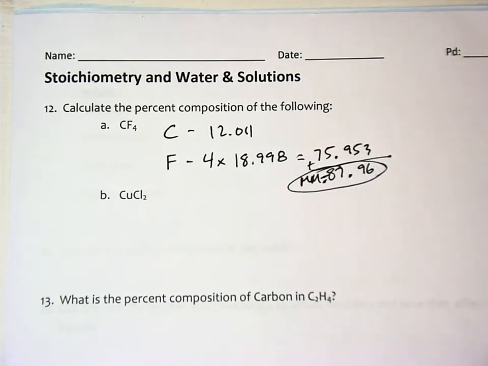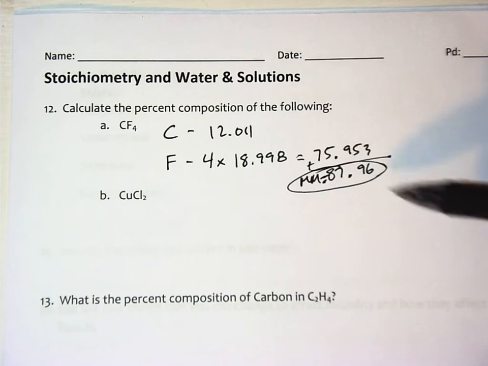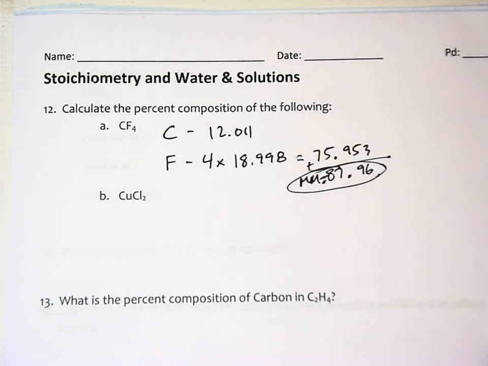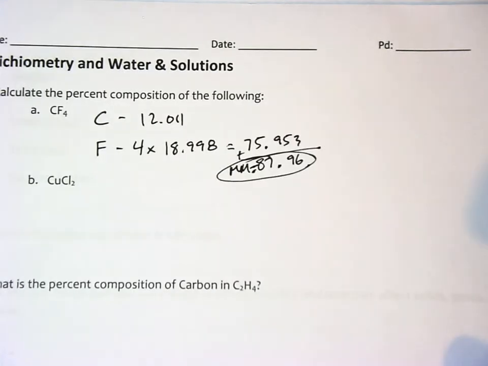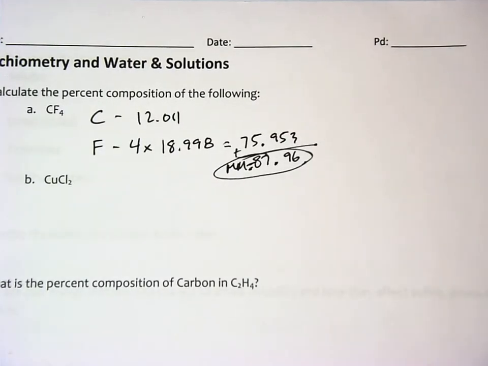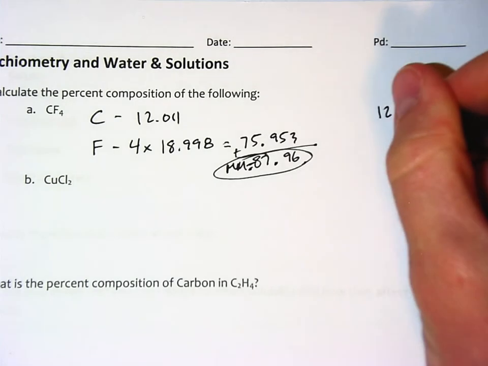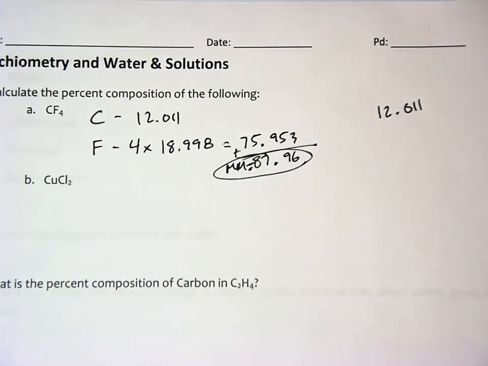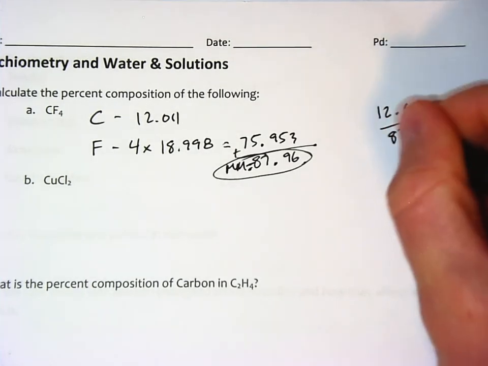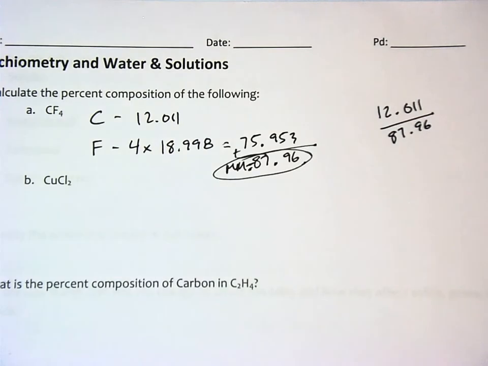With percent composition, you're trying to find how much each part weighs in relationship to the whole mass of the compound. So to find percent composition for each part, I'm going to look at carbon. The mass of carbon's part is 12.011 grams over the whole compound, 87.96.